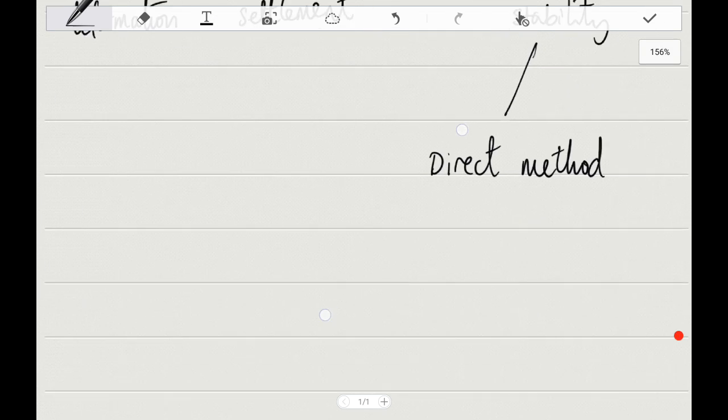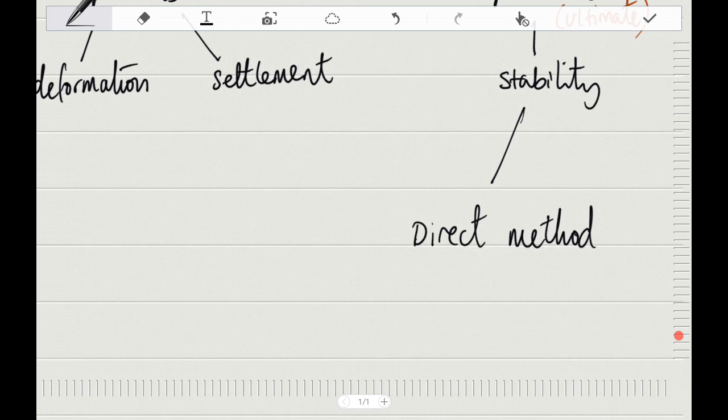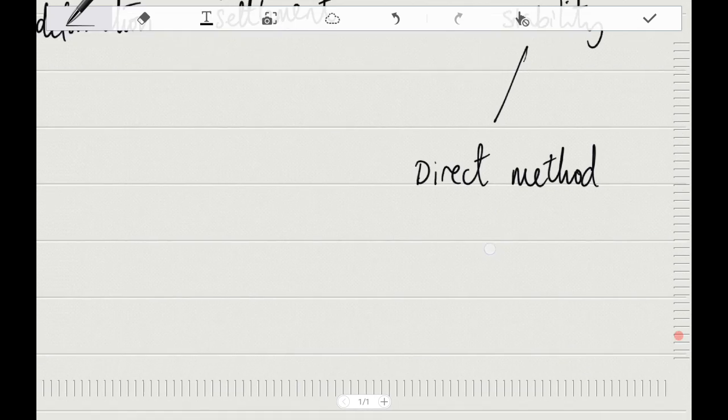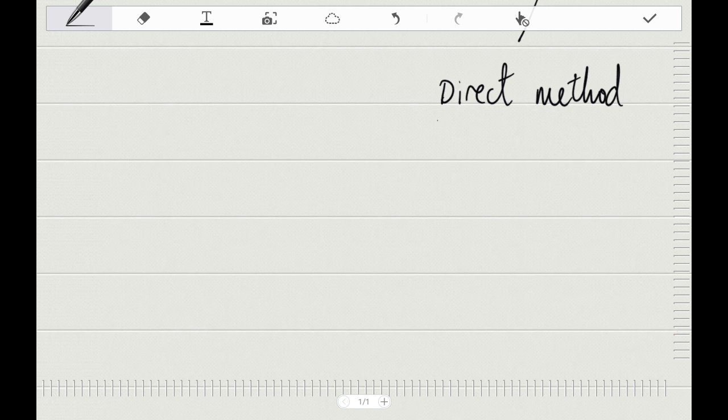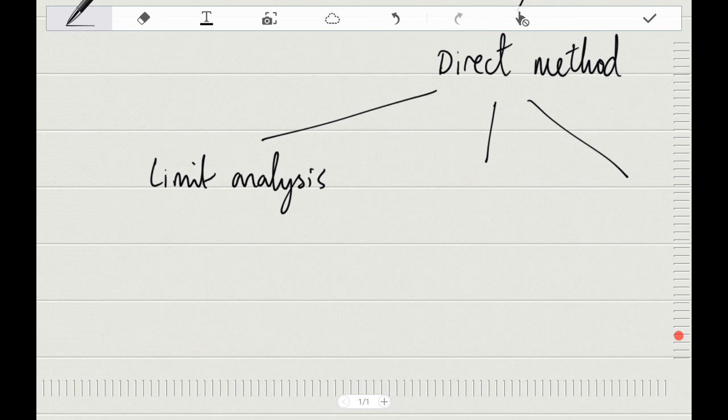Okay, so one way of calculating the stability of your soil and system is through the direct method. Within the direct method you have three branches. The first one is called limit analysis, right? Within limit analysis you have the upper bound and you have the lower bound.